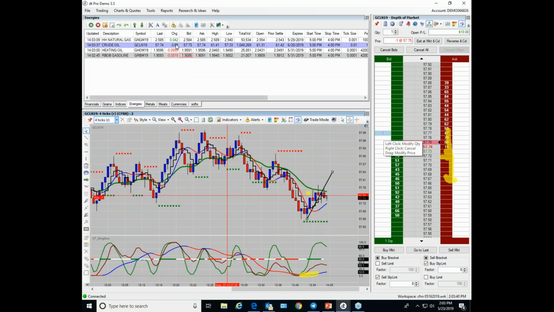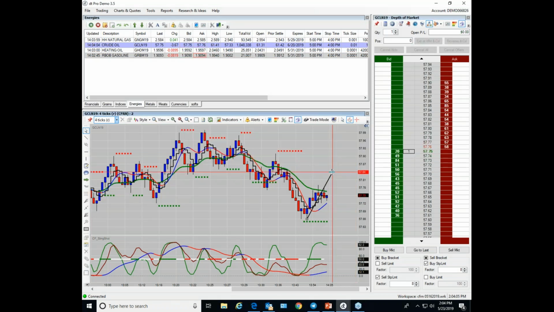With crude down 370, the odds are we could come down here. But okay, we're going to drag and drop, drag and drop, drag and drop the stop. That's how you move it. That's all you have to do. Okay. All right. Let's exit at market and cancel.